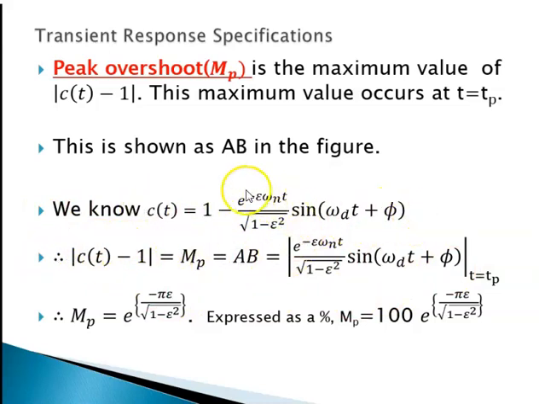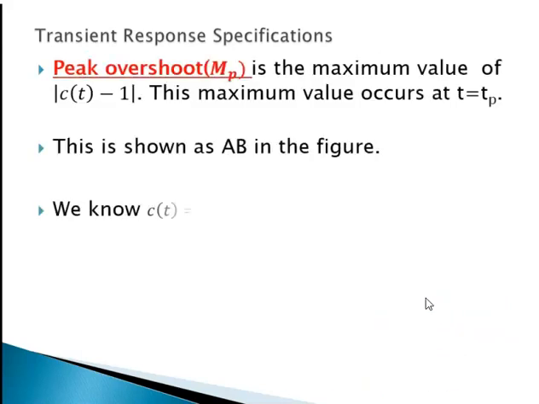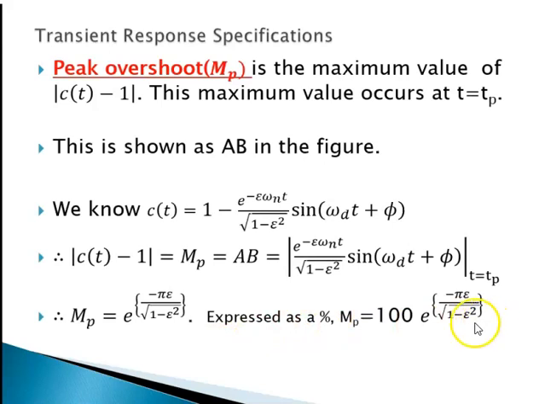C of t minus 1 is the magnitude of this term, evaluated at Tp, that is pi over omega d. If you substitute in this expression, you get peak overshoot to be e power minus pi xi over square root 1 minus xi square, and expressed as a percentage multiplied by 100, that will give you percentage.